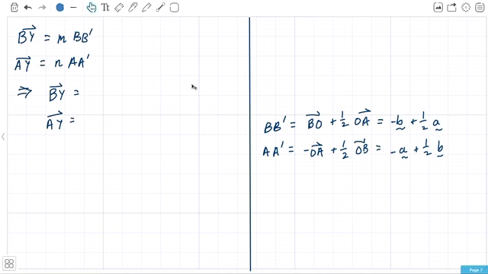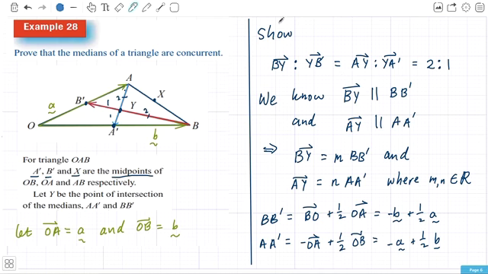Okay, so BY is m times this expression here, so negative b plus a half a. And AY, well, that's n times this expression here, negative a plus a half b. Okay, now what we need to do is prove that these vectors here do satisfy this particular ratio. I'm just going to put a box around that too because that's what we're looking at.